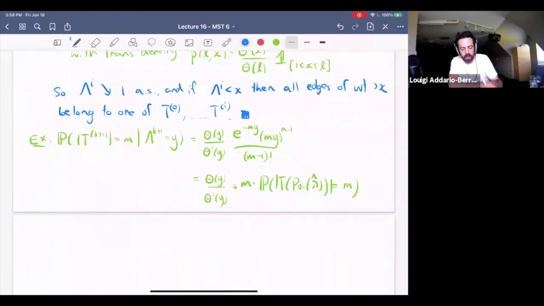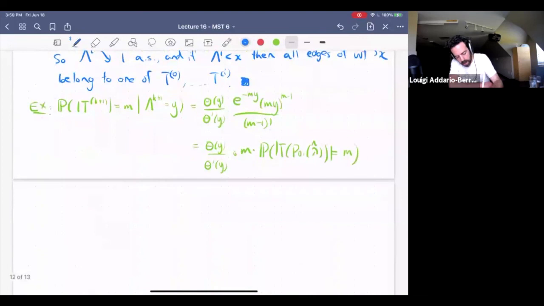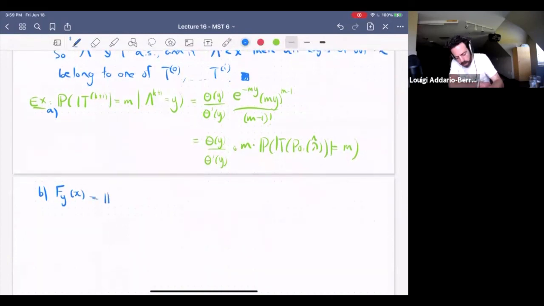Using that, so that's part A of the exercise. Part B of the exercise is to find the asymptotic distribution of pond size once you go for a long time, once k is large. I'm calling these finite trees between the maximum edges ponds.